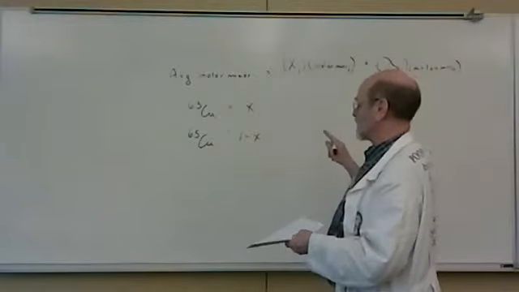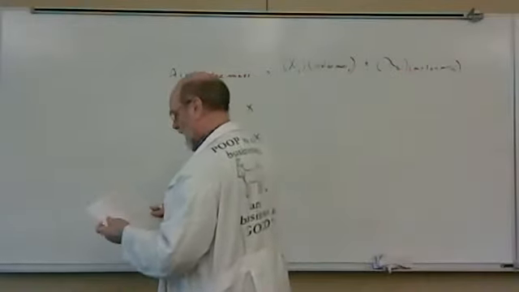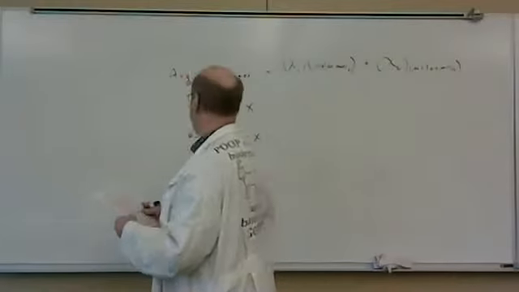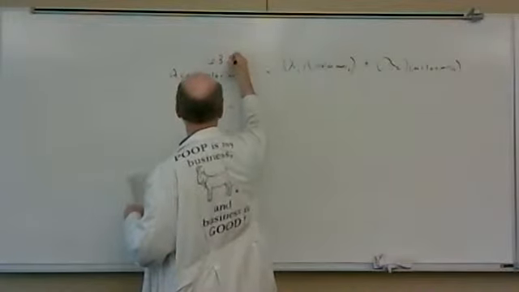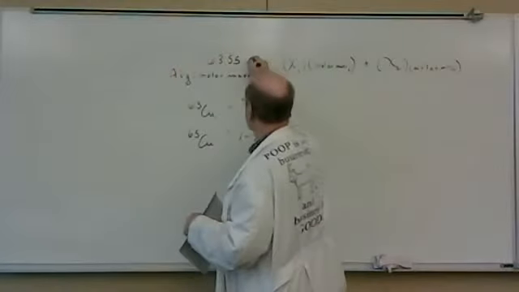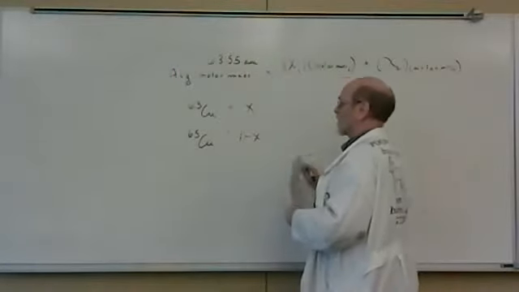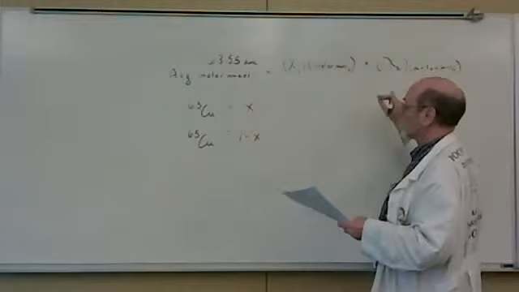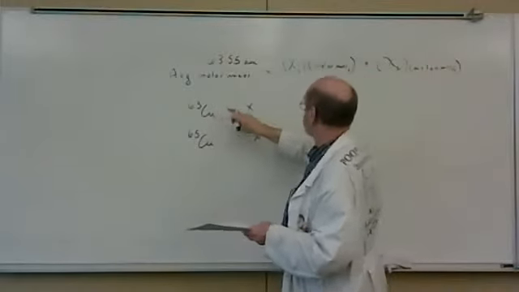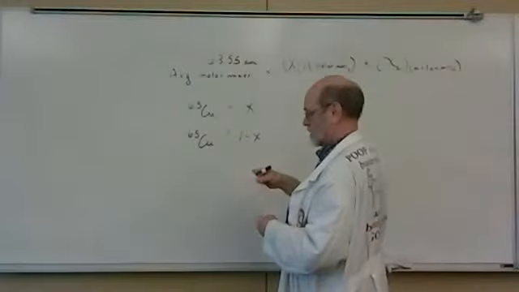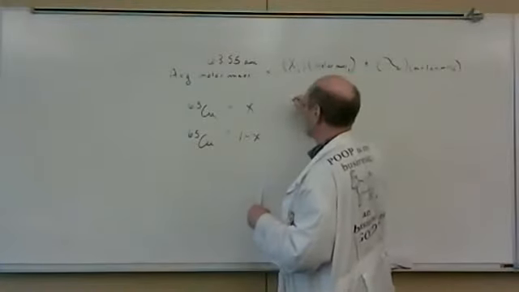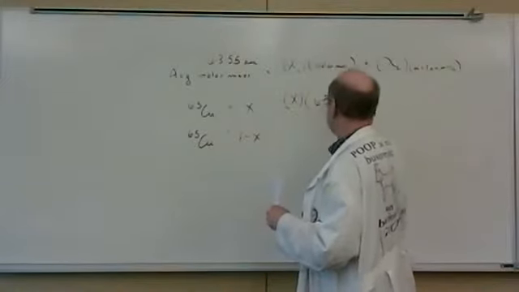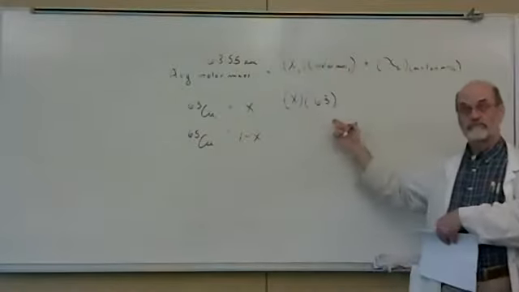Now we're given one other piece of information. The average molar mass is 63.55. There you go. Atomic mass units. So that's the average mass that comes from this calculation, right? So if this is the fraction of copper 63, then that fraction times 63 is what it contributes to the total.